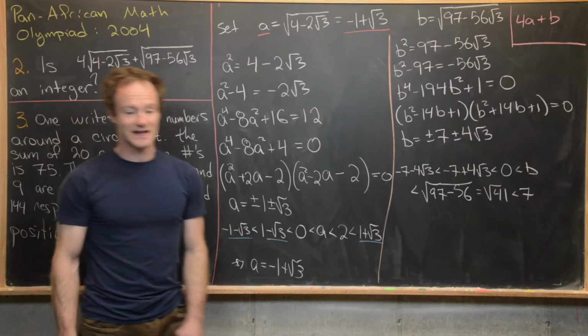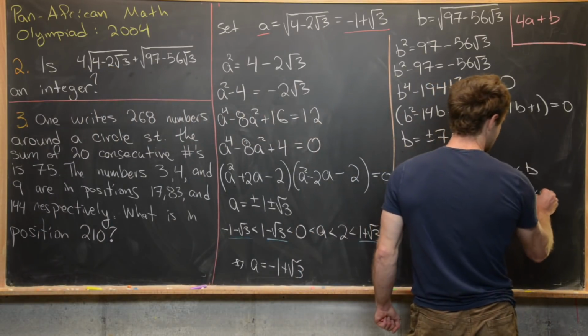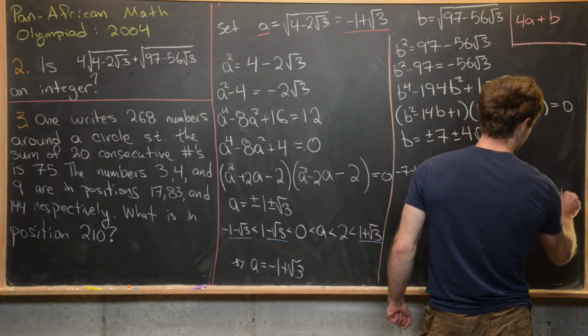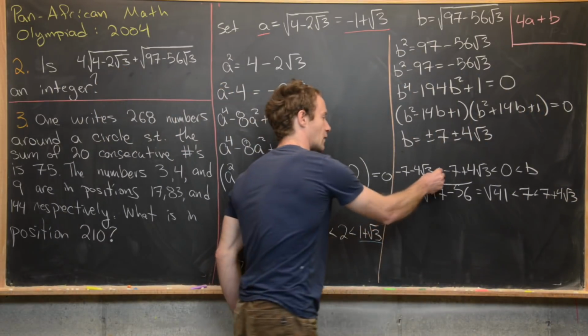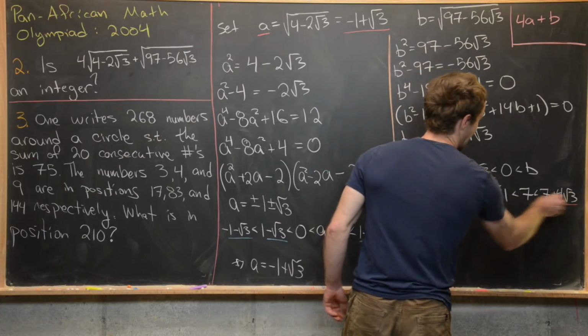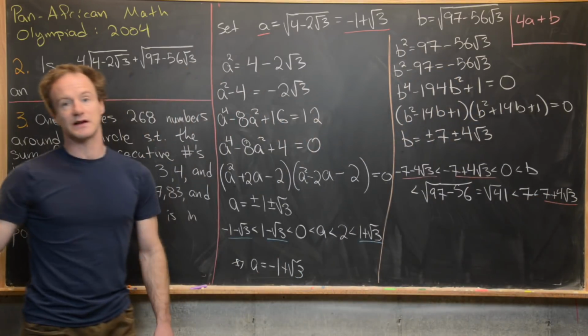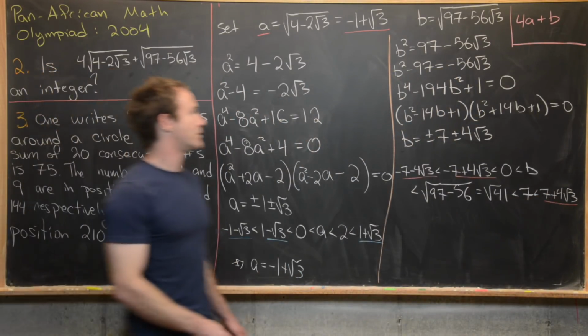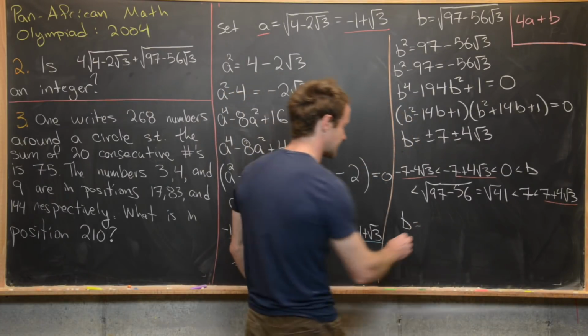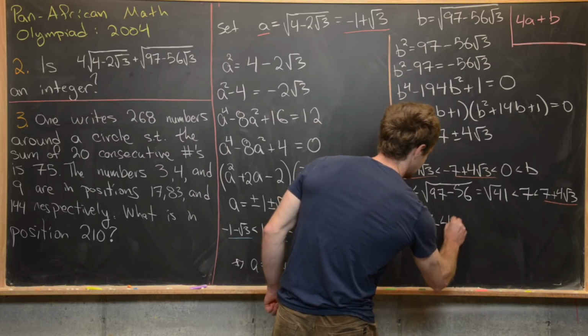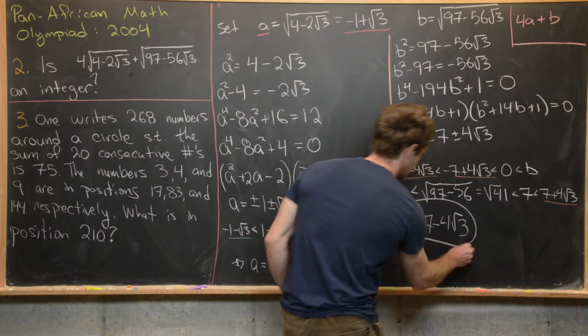So this is less than 7, but then 7 is less than 7 plus 4 root 3. So we've ruled out 1, 2, and 3 of our possibilities, leaving only one possibility, and that possibility will be b equals 7 minus 4 root 3.